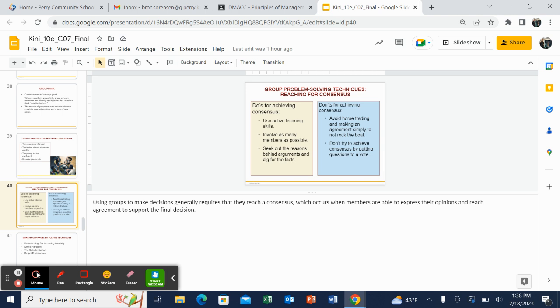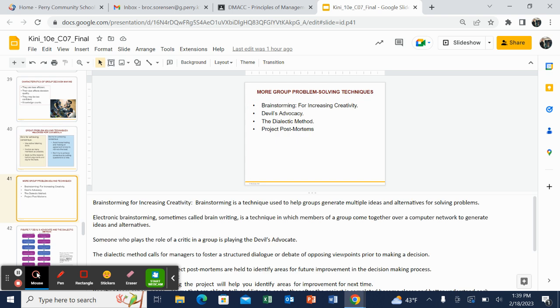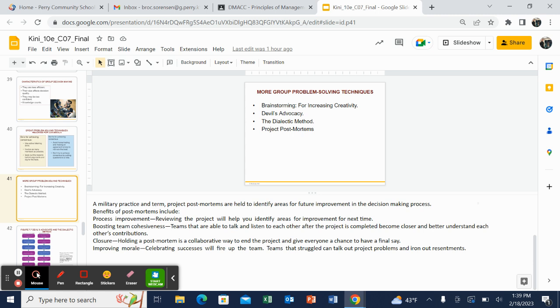Okay, so those are some ways that we can actually work to be more effective within our organization and discourage groupthink. More problem-solving techniques: brainstorming, devil's advocacy, the dialectic method, and then post-project mortem.